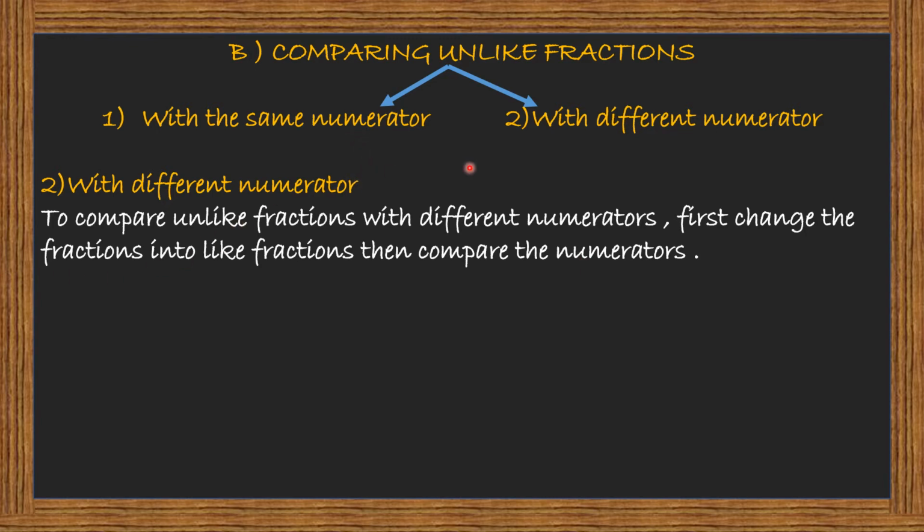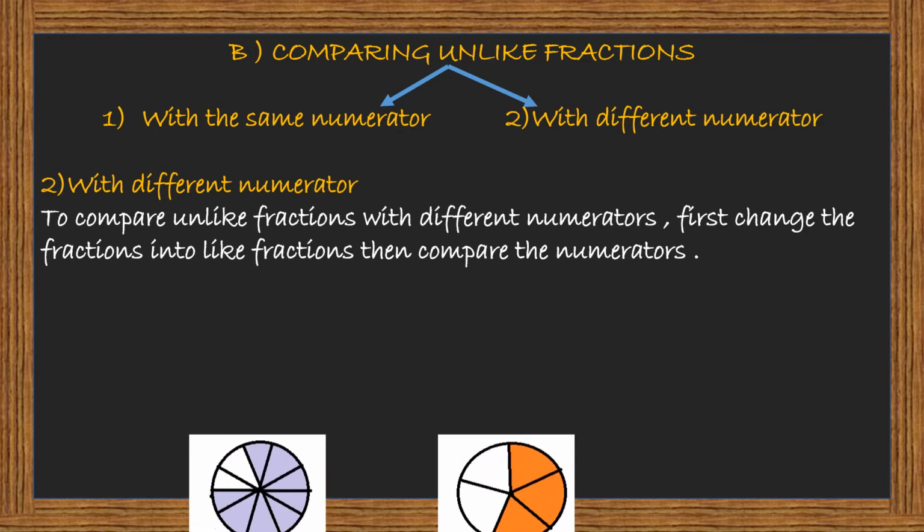But with different numerators, the numerator is different and the denominator is also different, as these are unlike fractions. So we need to calculate the LCM to make the denominator the same and then we will compare. But before looking into that, let's see this example with the help of a diagram.